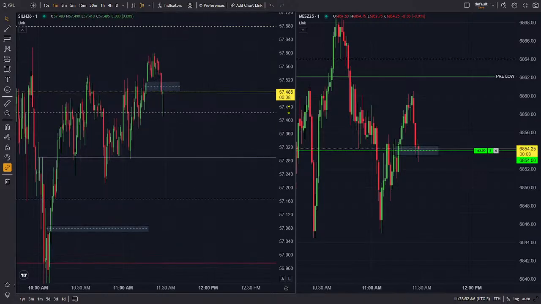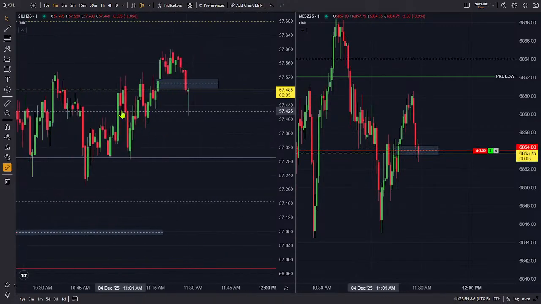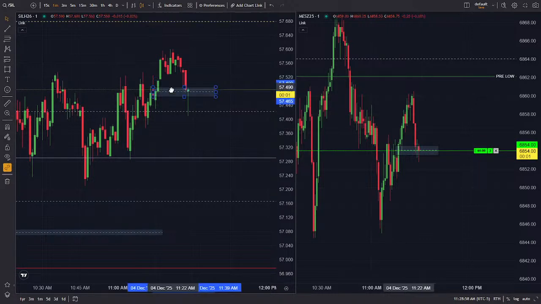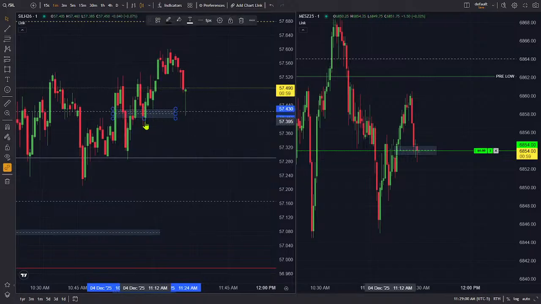The original fair value gap when we left the breaker is actually right here. I'm wondering how price related to it.